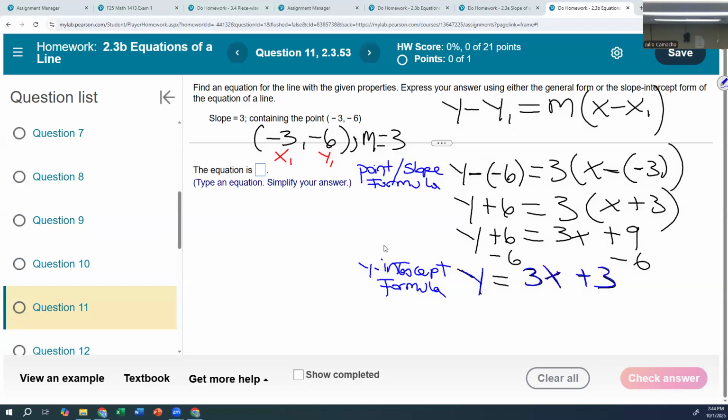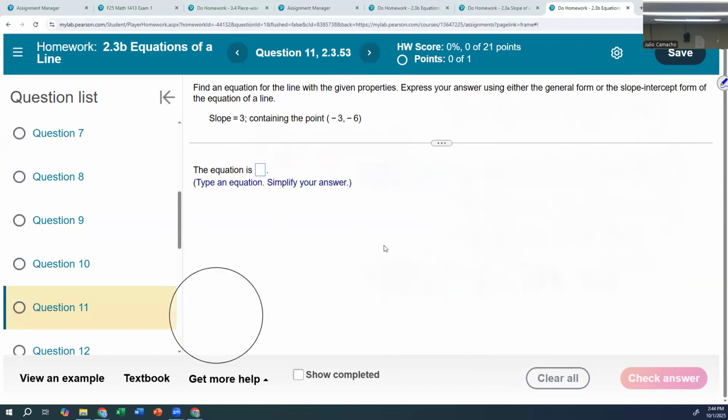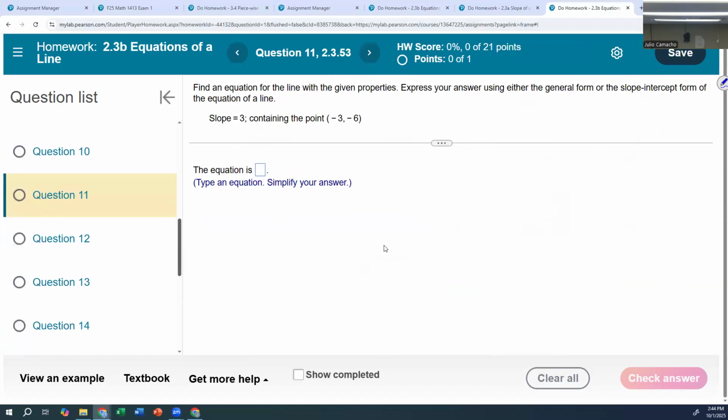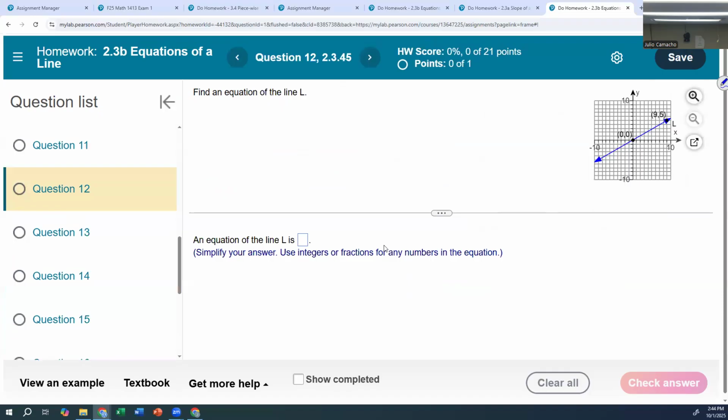So let's go to question number 12. Again, if you have any questions, shoot me an email and I will give you the information that you need. Question 12 is asking you to find the equation of the line.